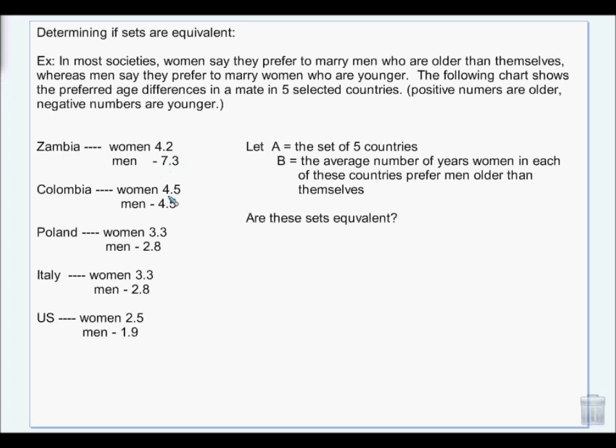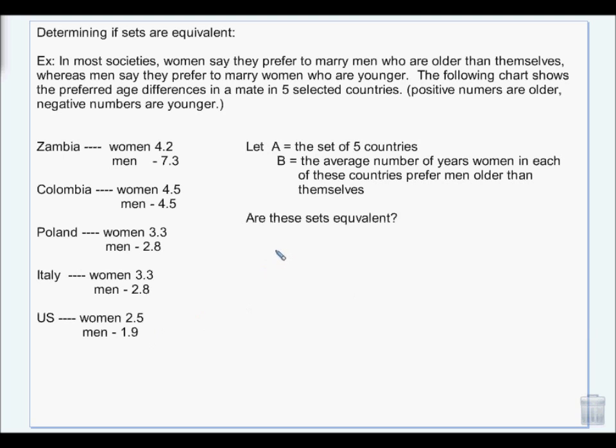In Colombia, they're about equal, so that works out really well. Women like men to be about 4.5 years older, and men like women to be about 4.5 years younger. Poland, women like their men about 3 years older, and the men like their women about 3 years younger, so that works. Same with Italy. And in the United States, it's about 2 and 2, so that works as well.